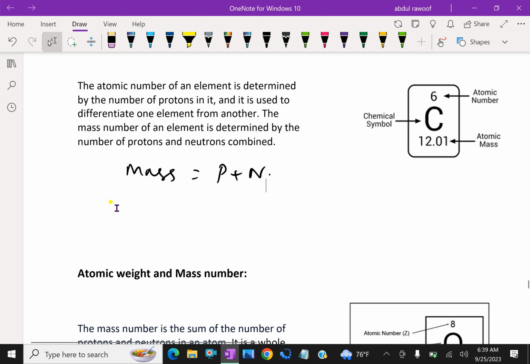Atomic mass is approximately the number of protons plus neutrons, that is atomic weight.